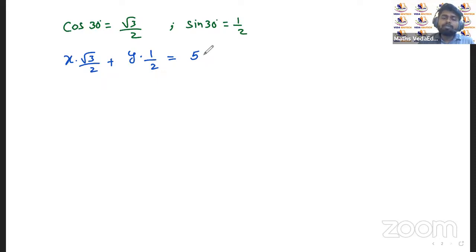We multiply the whole equation by 2 and get root 3 times x plus y equal to 10. So finally the equation is root 3x plus y minus 10 equal to 0.